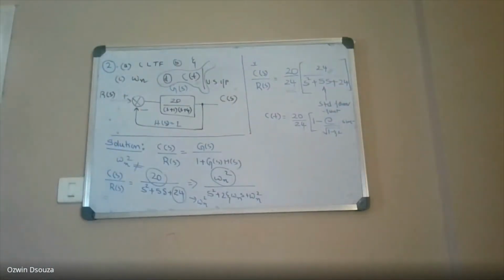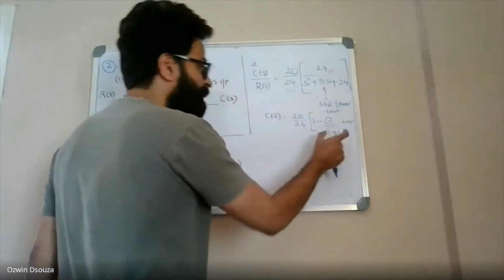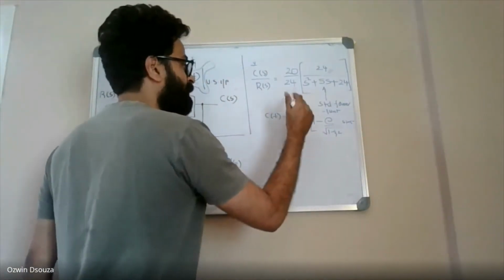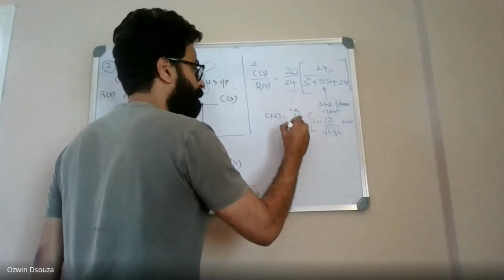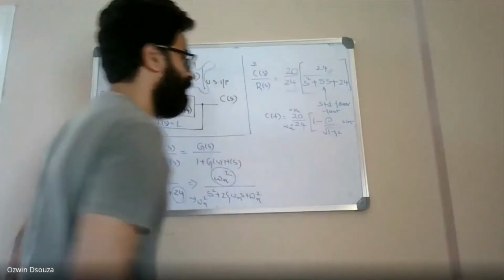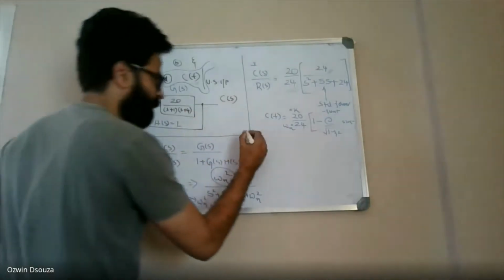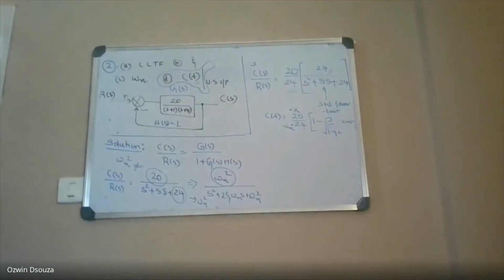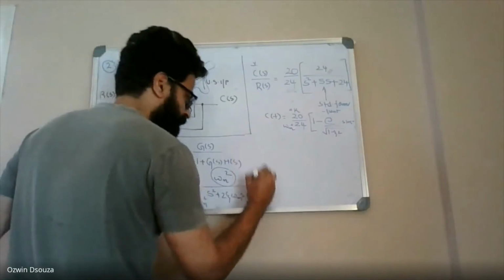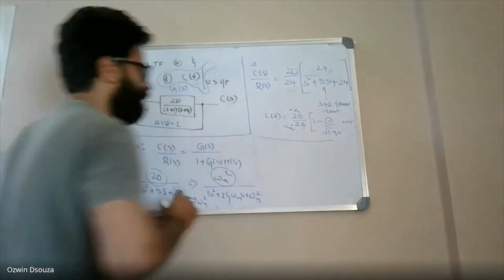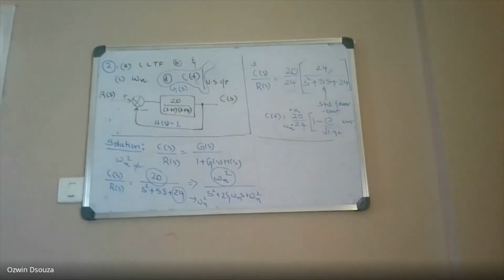So what you have to do is just multiply the standard response with the ratio k by omega n squared. That's how we solve this particular problem. So that is the key step over here. Fine. Let us proceed with the other part of the problem.